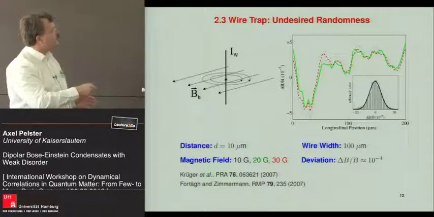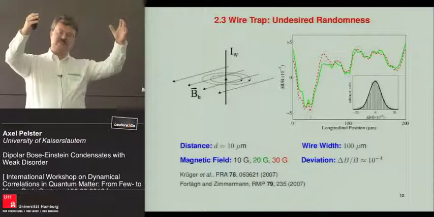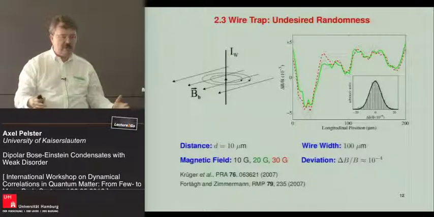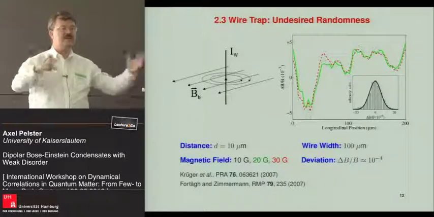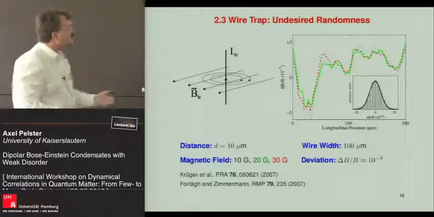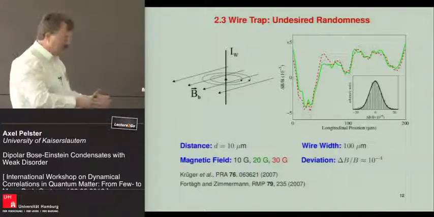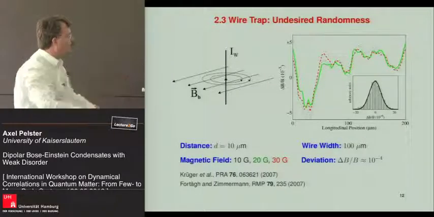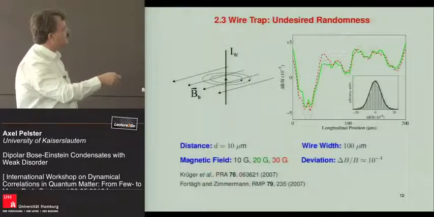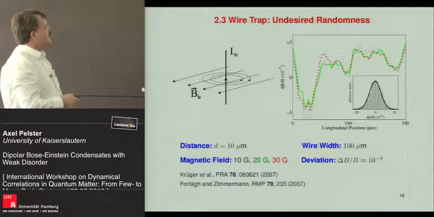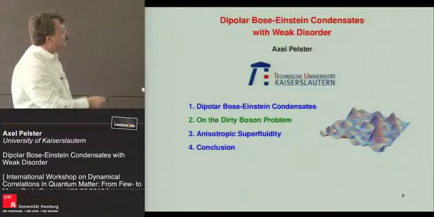And this irregularity comes about because a wire is not a perfect cylinder. A wire has irregularities at the surface, and these irregularities at the surface translate themselves into irregularities of the current transport through the wire, and gives here rise to these curves.